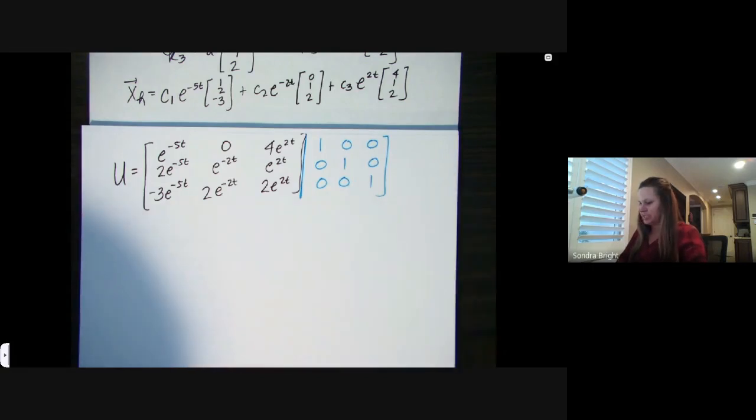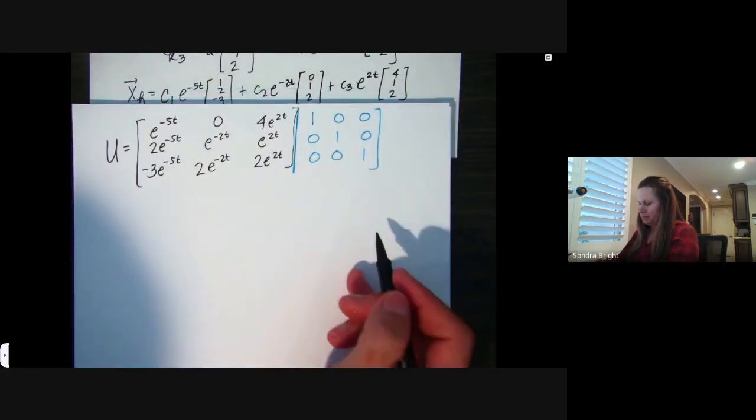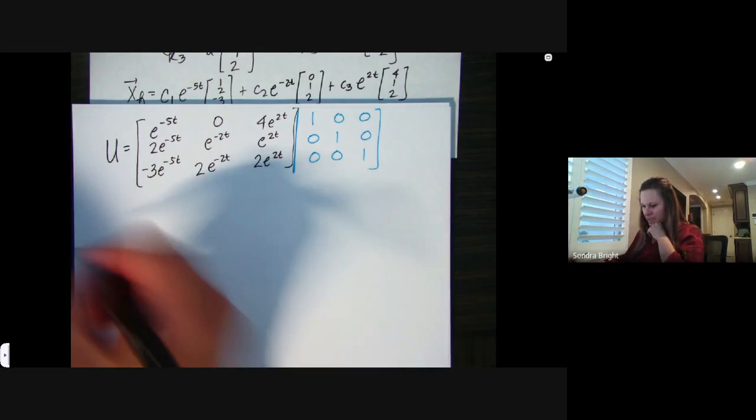My notes are different because I have different columns, which is fine. It'll still end up with the same answer. We're going to do math magic.